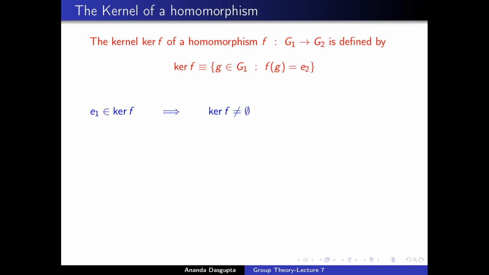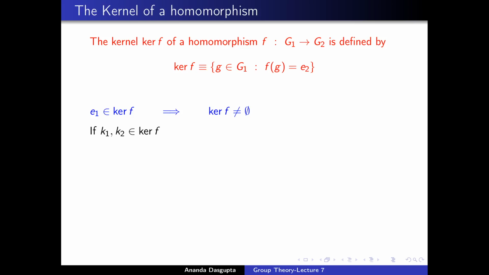Now, let me remind you that we had proven some time ago that if you want to show that a subset H of a group G is actually a subgroup, all you have to really show is that for any two arbitrary elements H1 and H2 in capital H, the product H1 H2 inverse also belongs to capital H. So, using that theorem, what we will do is we will start with two arbitrary elements K1 and K2 from the kernel of the homomorphism f, and then try to see whether K1 K2 inverse is also in the kernel of the homomorphism.